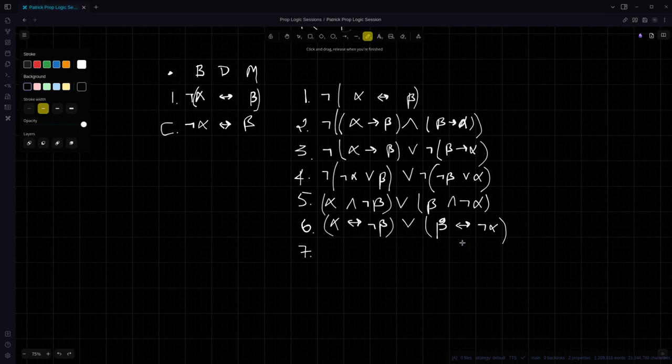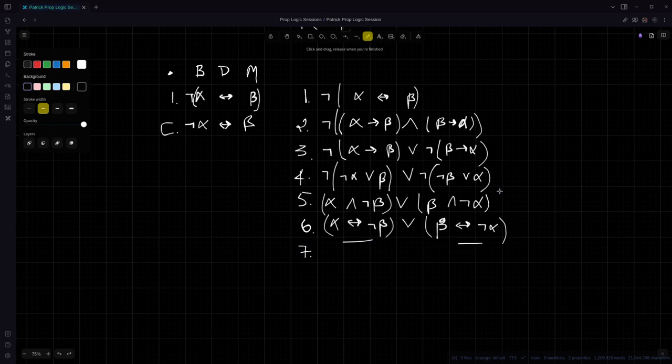So when I say it's false that alpha if and only if beta, it can mean one of two things. It can mean this or it can mean this.